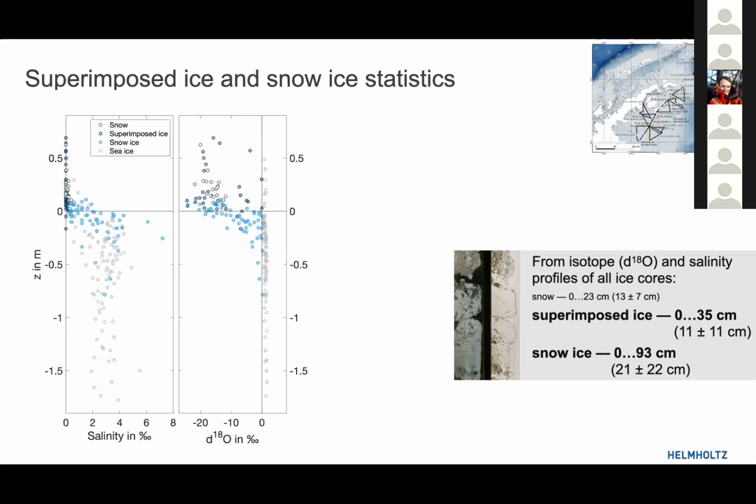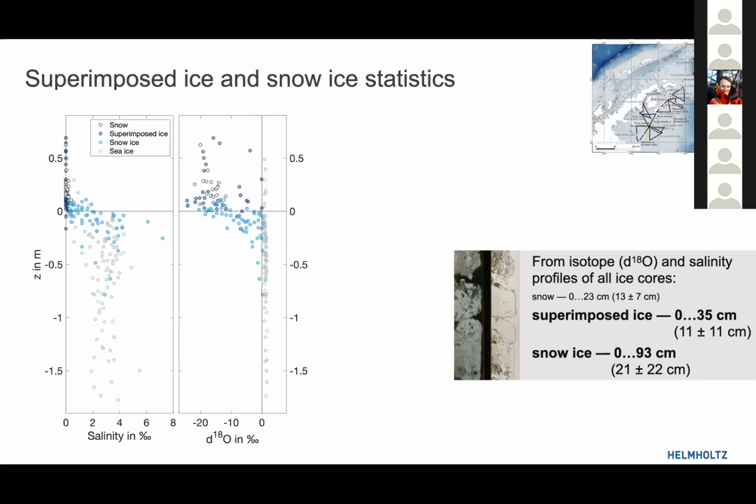On the right, again, is the graph with all measured salinity and isotopic measurements, color-coded for snow, superimposed ice, and snow ice determined by those criteria. Overall we get a superimposed ice thickness with a mean value of about 11 centimeters, ranging from 0 to 35 centimeters, and for snow ice an average of 21 centimeters, ranging from 0 to 93 centimeters.